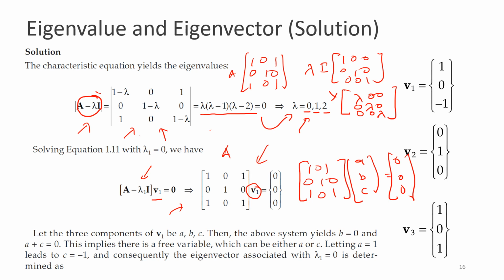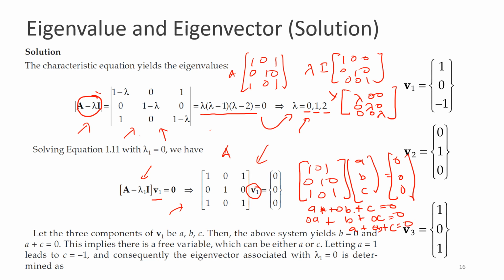From this one, if you multiply this, you will have a plus 0b plus c equals 0, and the second one is 0a plus b plus 0c equals 0, and then you get here a plus 0b plus c equals 0, right?